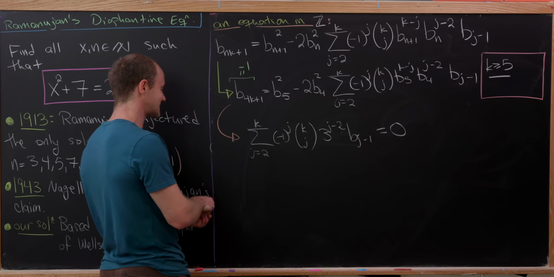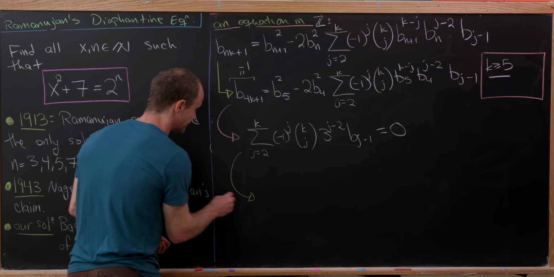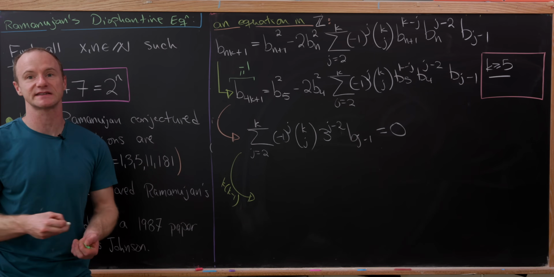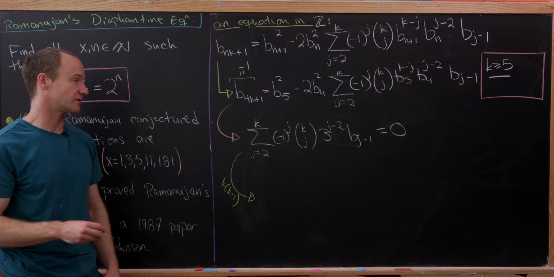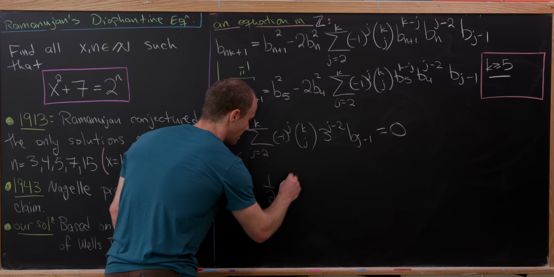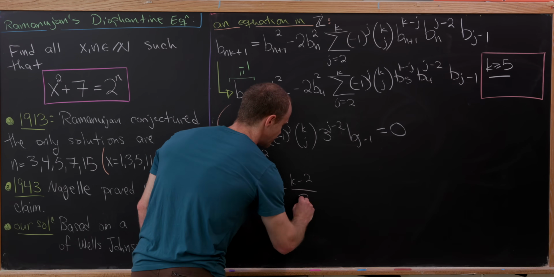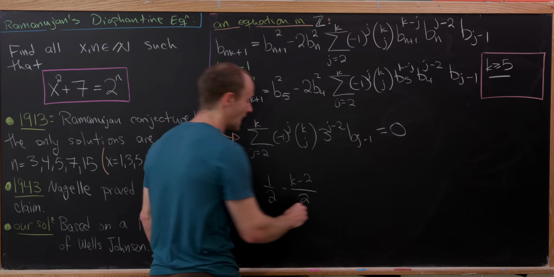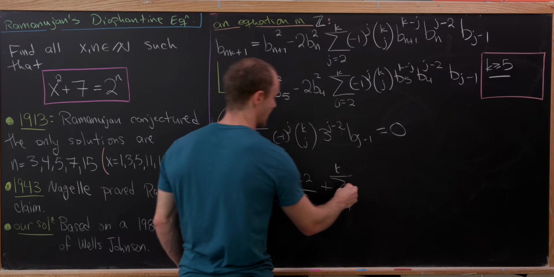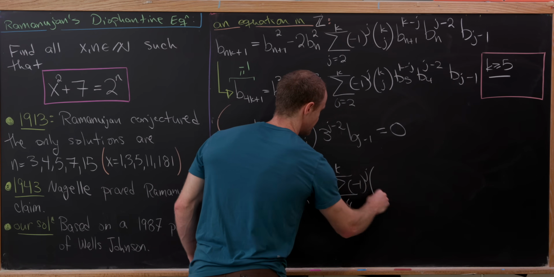Okay, so the next step is to divide by k times k minus 1, and we'll simultaneously pull out the first two terms of this sum. So let's see, that's going to give us a half minus k minus 2 over 2, and then plus, as j goes from 4 up to k, of -1 to the j.